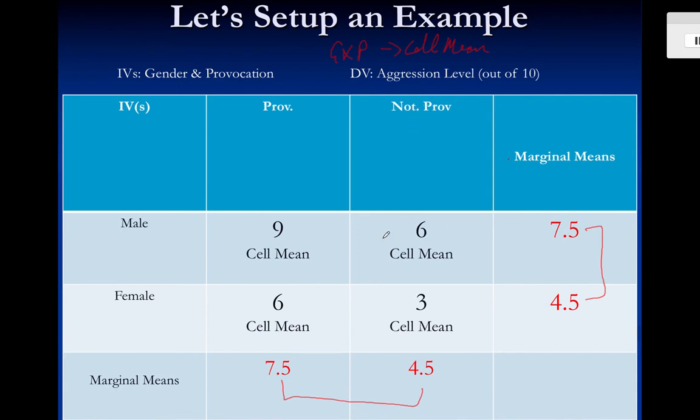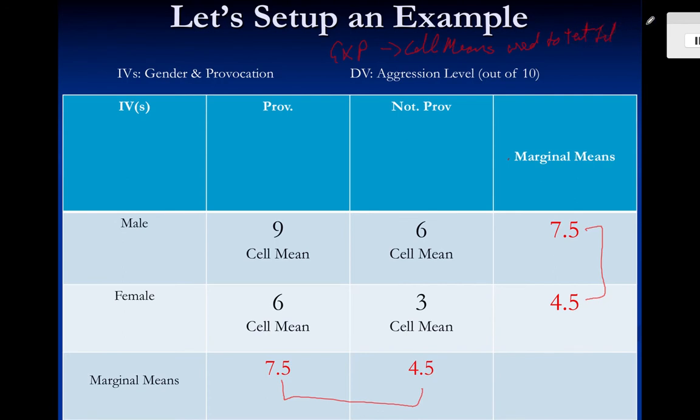So here we start noticing that within this table, the combination of the independent variables is already manifesting itself. So what we now want to do is use the cell means for the examination of interactions. So cell means are going to be used to test the interaction.